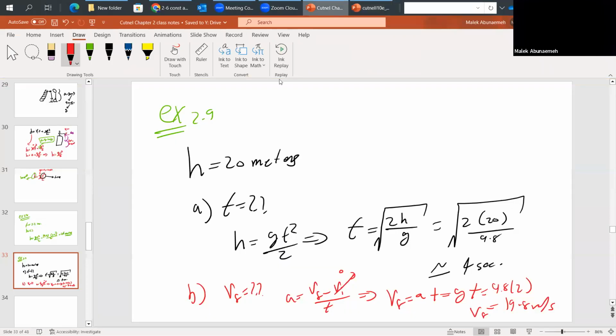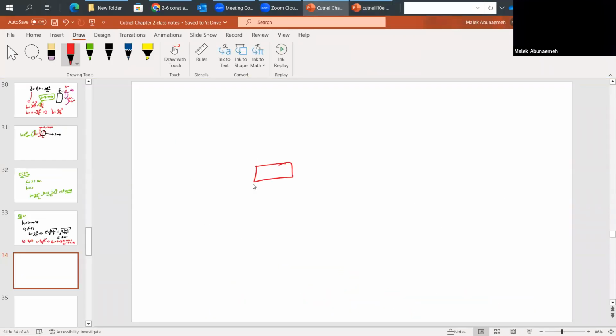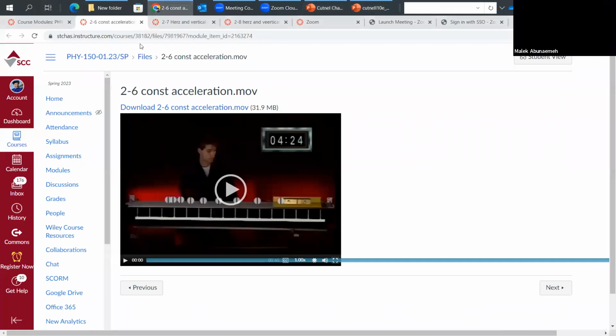So if you have an object going this way, and let's say it has acceleration A, this is equivalent to your y component and your x component, which again, this is your resultant, this is your vertical and your horizontal. So let's go ahead and watch the next video.